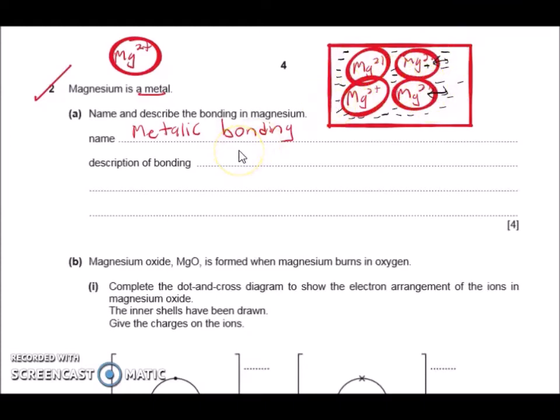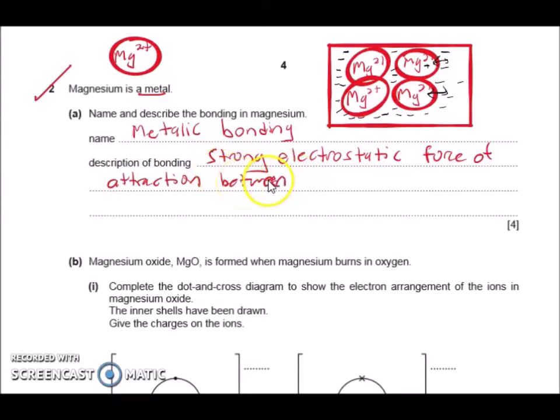Okay, so for the description of this bonding, we can say strong electrostatic force of attraction between these cations, or you can say metal ions, and sea of electrons.